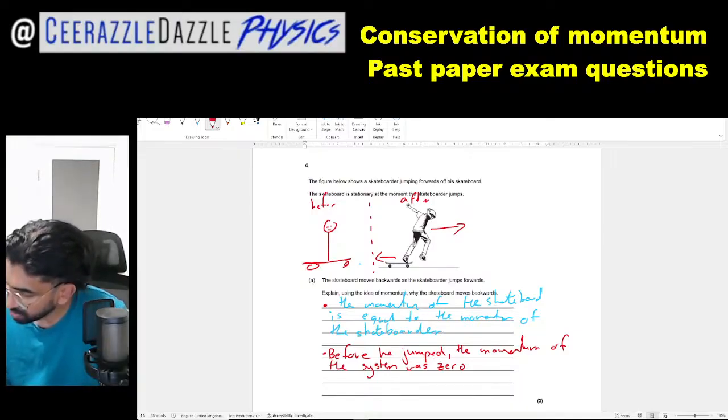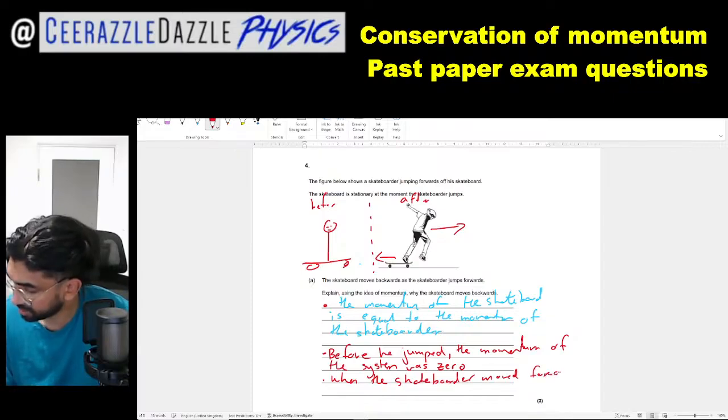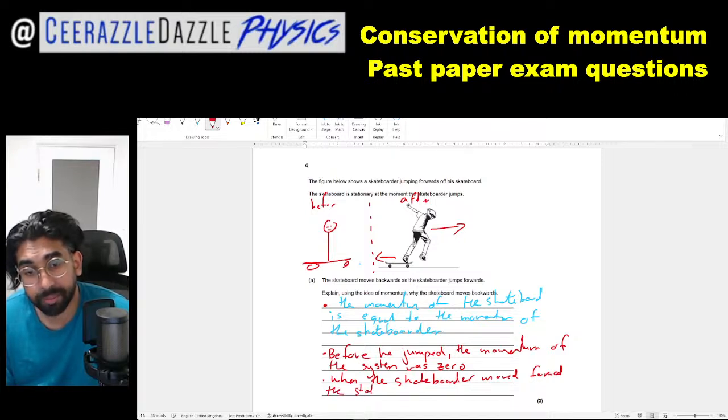Then obviously when he jumped, he had forward momentum. When the skateboarder moved forward, the skateboard must have equal momentum in the opposite direction.